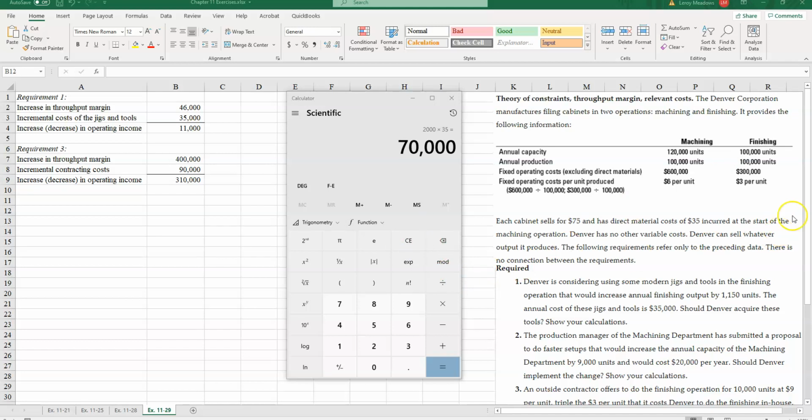We're losing the cost to make those units plus the contribution margin lost. Why? Because if we're making 100,000 units and that's all we can do, and 2,000 are bad, they've already been produced. Do we have the excess capacity to go back and remake those 2,000 units? No, we do not. So by selling 2,000 fewer units, I'm going to lose my $75 per unit that I'm going to sell.